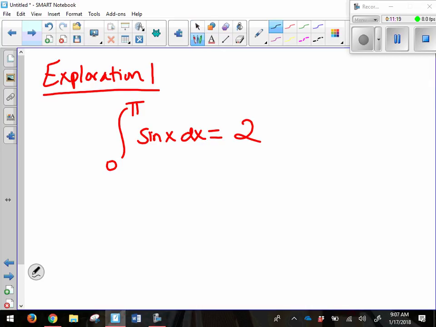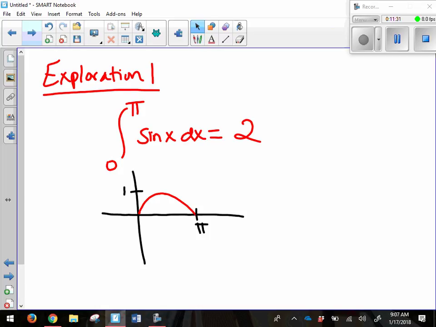And so we could plot that because we know that from 0 to pi, a sine curve looks like this. And up here will be 1. So this tells me that this area here is equal to 2.